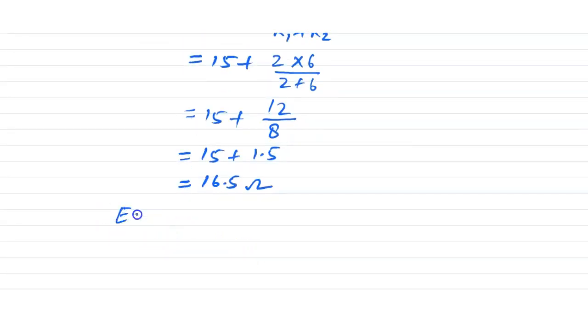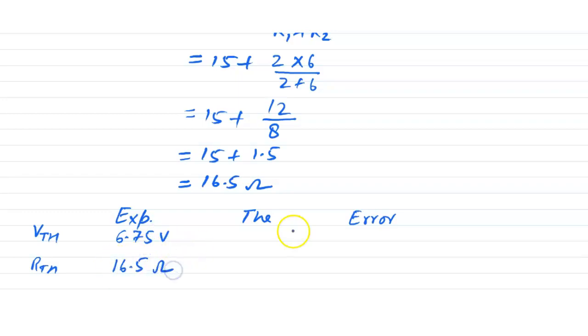These are the experimental values and theoretical values, and the error. Experimentally, VTH is 6.75 volt and RTH is 16.5 ohm.